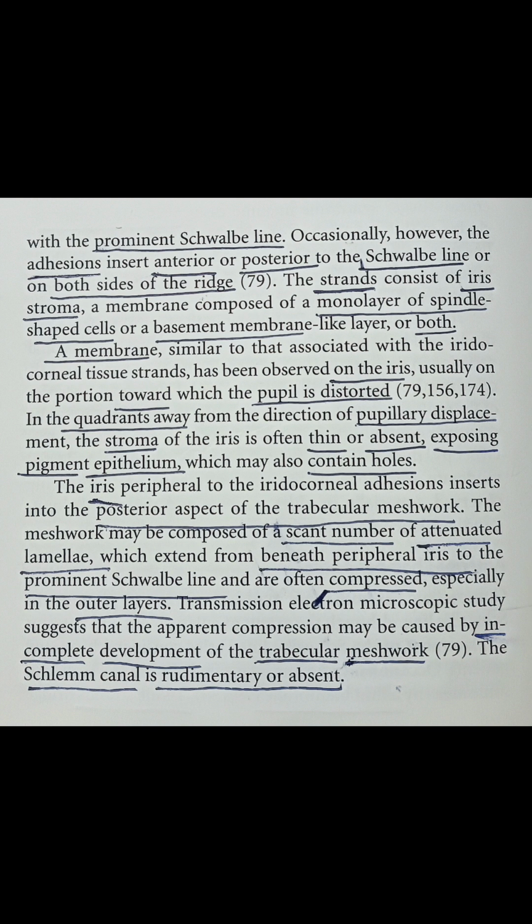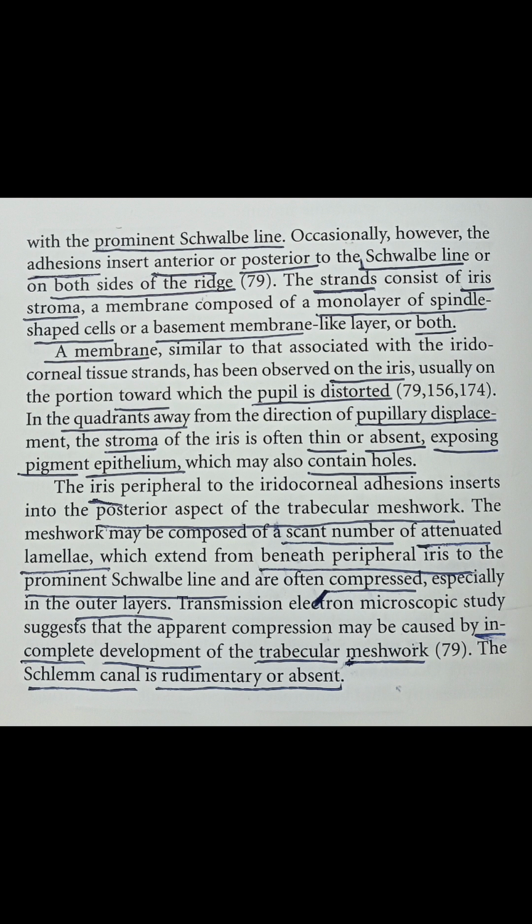The meshwork may be composed of a scant number of attenuated lamellae which extend from beneath peripheral iris to the prominent Schwalbe line and are often compressed, especially in the outer layers.